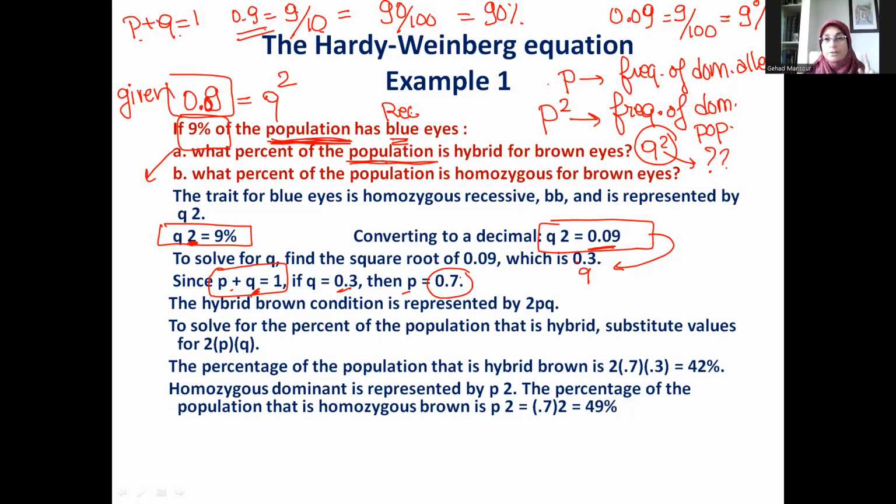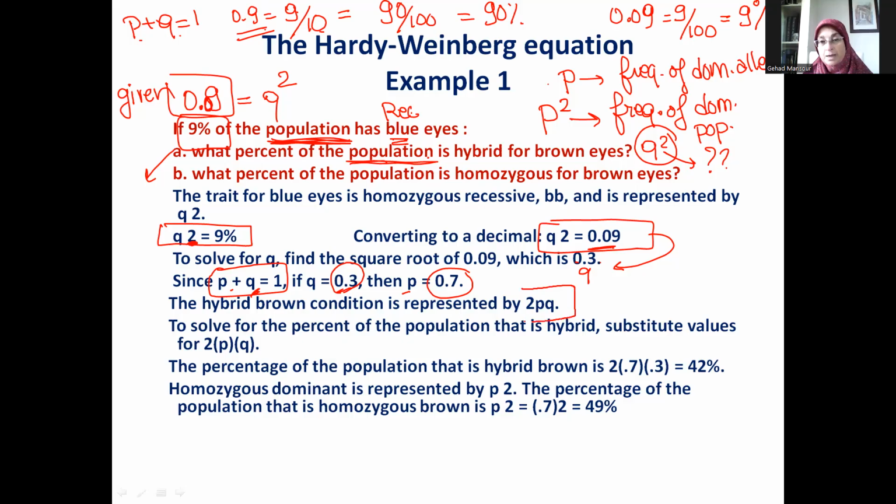Now, notice that they are asking about the population that is hybrid for brown eyes, because you might be asking yourself, if Q is 0.3 and P equals 0.7, how much of the population are blue-eyed and how much are brown-eyed? But the brown-eyed individuals are sometimes pure and sometimes hybrid. In the question, they are asking about hybrid individuals.